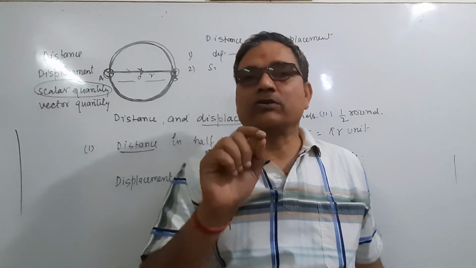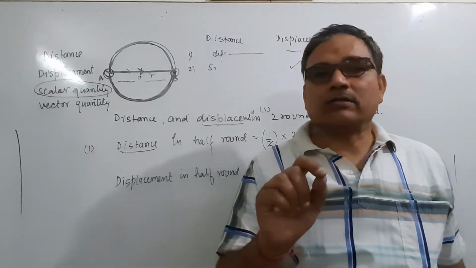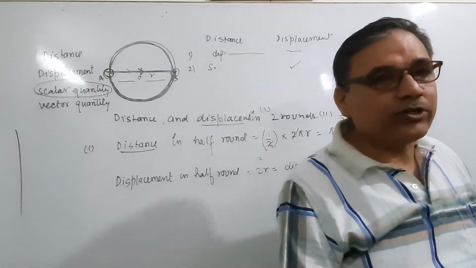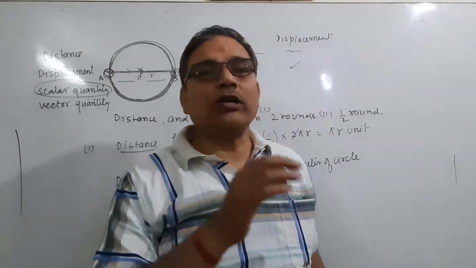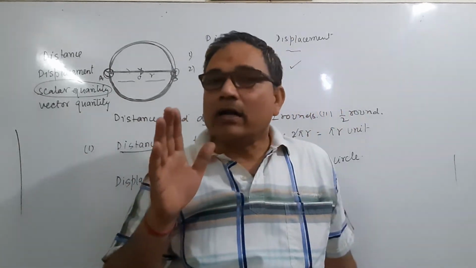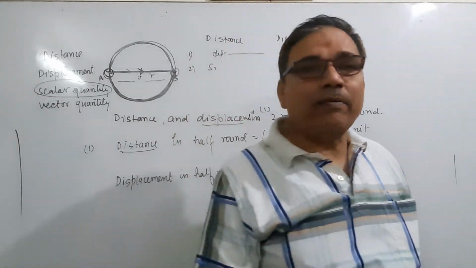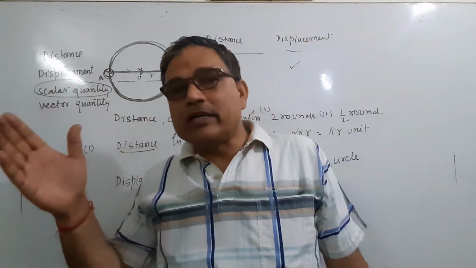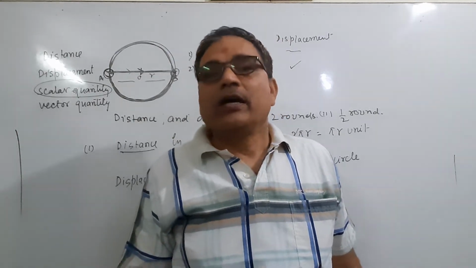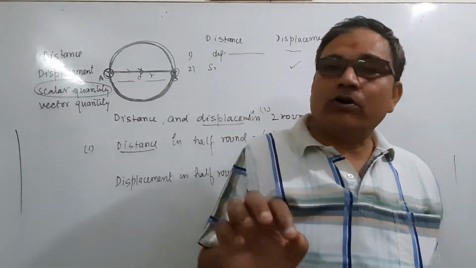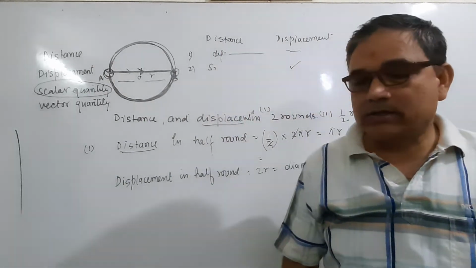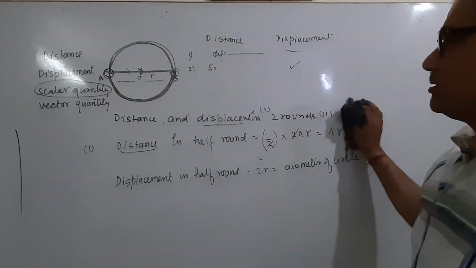If the object does not change direction, in that case the distance and displacement will be the same. Only in rectilinear motion are they both the same. If the direction changes and it comes back, then there will be a difference between distance and displacement. In this case, the distance will be more and displacement will be less, and we discussed that in the previous class. This is the difference.